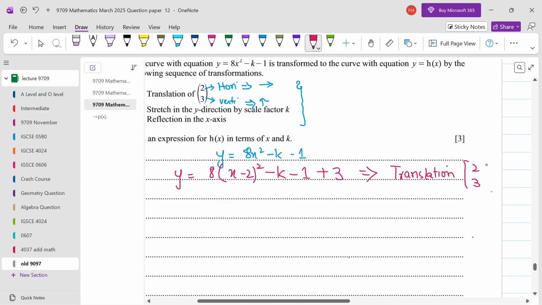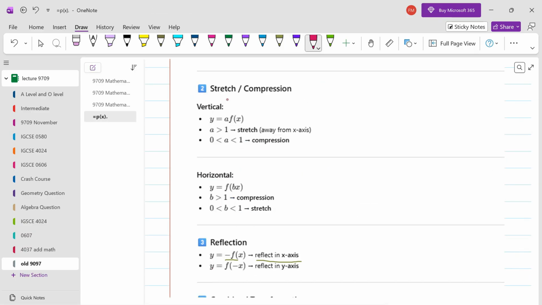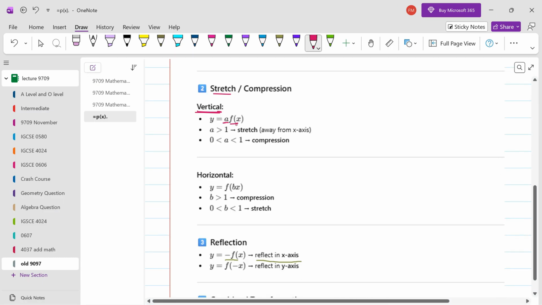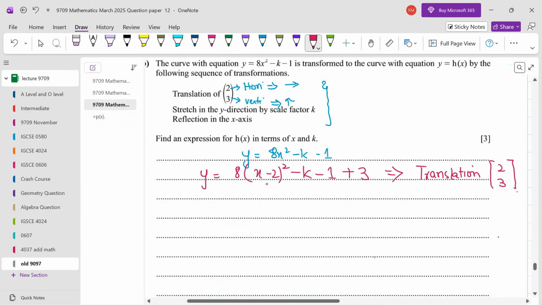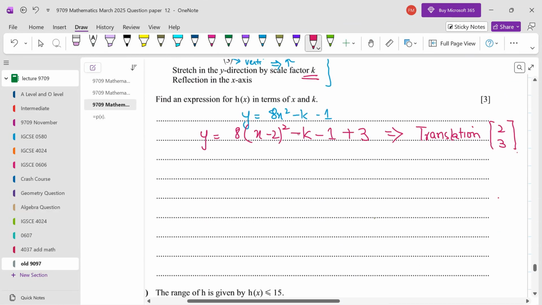Now we need to apply stretching in the y direction by the factor k. When we have stretching in the y direction, meaning vertically, we need to multiply the function by the factor. So we just multiply the given factor k with this curve equation.